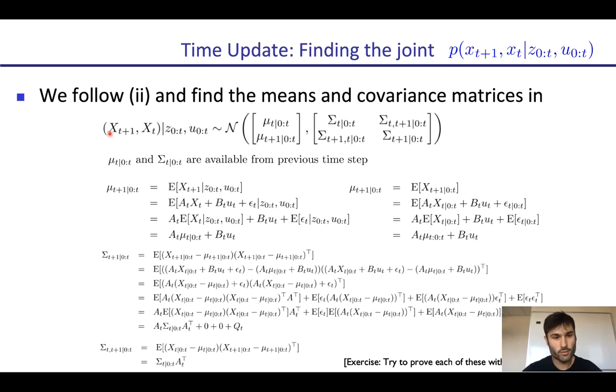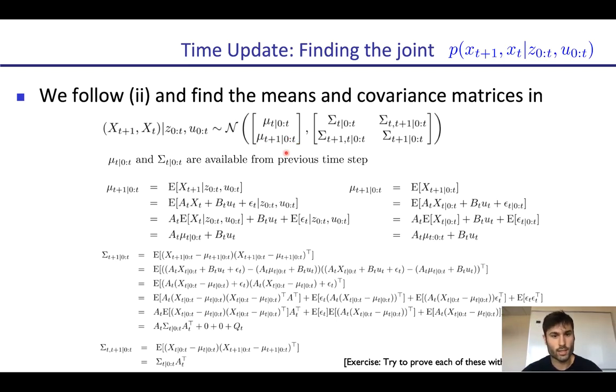There is a lot of daunting math here, but it's pretty straightforward, and you should be able to work through it without looking at this slide. The joint distribution follows a Gaussian distribution, because we saw that this is the exponential of a quadratic, and then we define these parameters: mu_t given the past from 0 to t, and mu_{t+1} given the past from 0 to t.